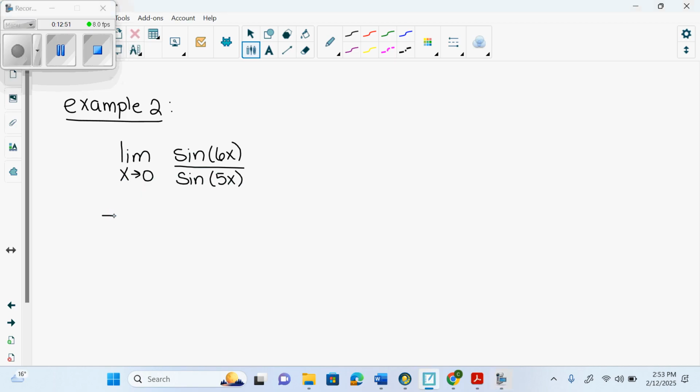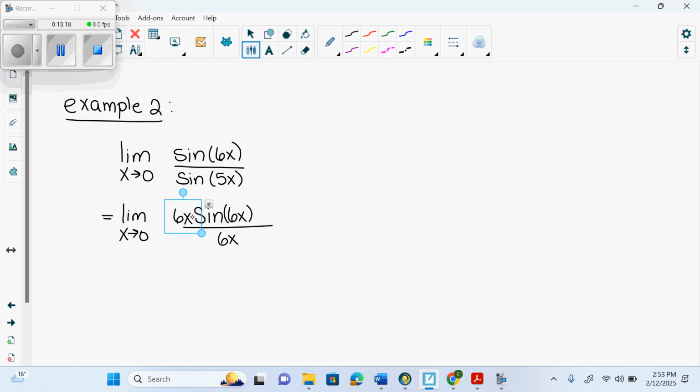So this equals the limit as x goes to 0. I know I need sine 6x to be over 6x. We agree? Can I just randomly multiply a denominator by 6x and just leave it there? Say we're done? No. I have to also multiply the numerator by 6x.